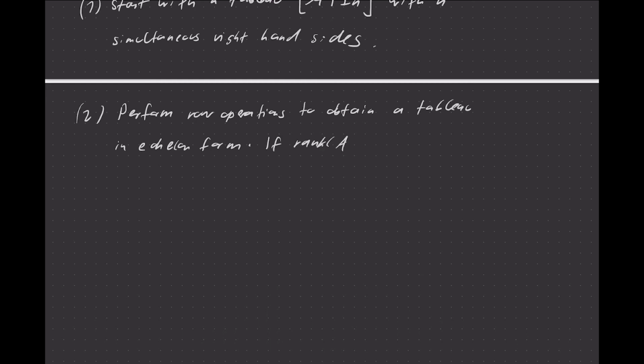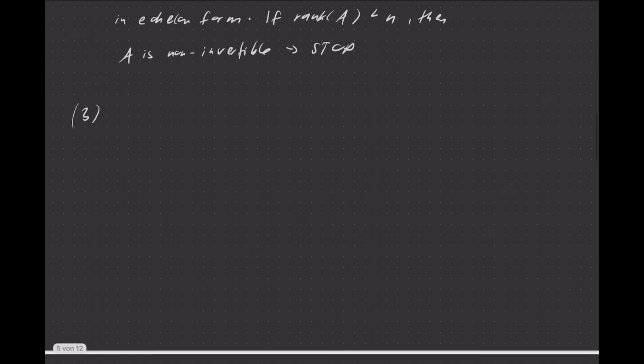So if rank A turns out to be less than n, then A is non-invertible, and that means we can stop. Otherwise, we go to step 3.